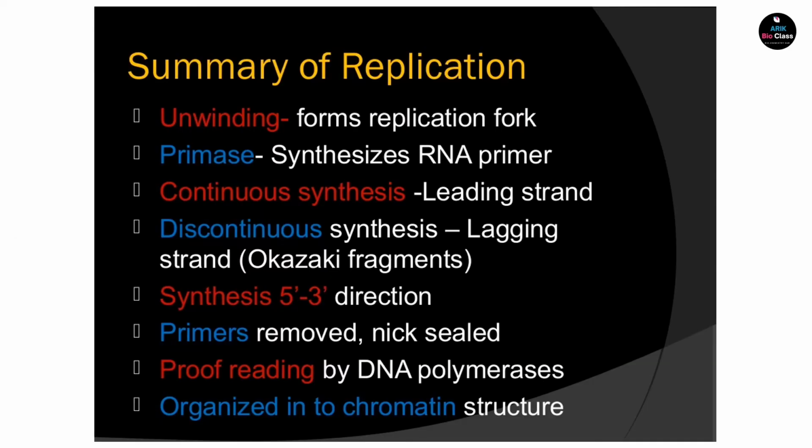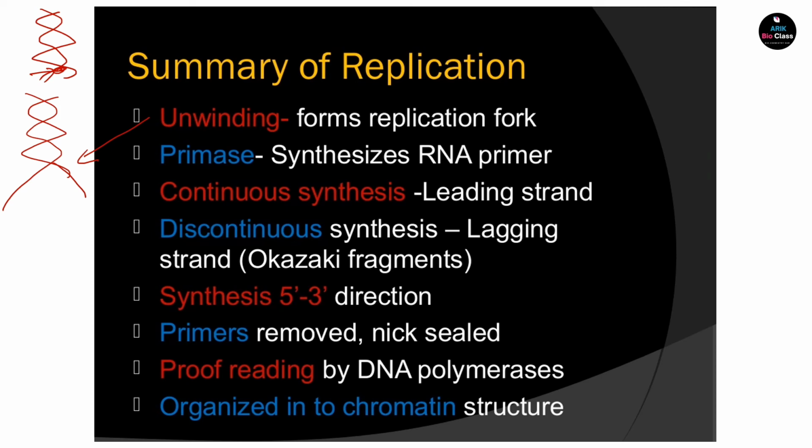Now, if we summarize whatever we have studied, we have a double helical DNA. The helicase enzyme will come and join here, and that is how the unwinding or unzipping happens. So a Y-shaped replication fork will be formed.